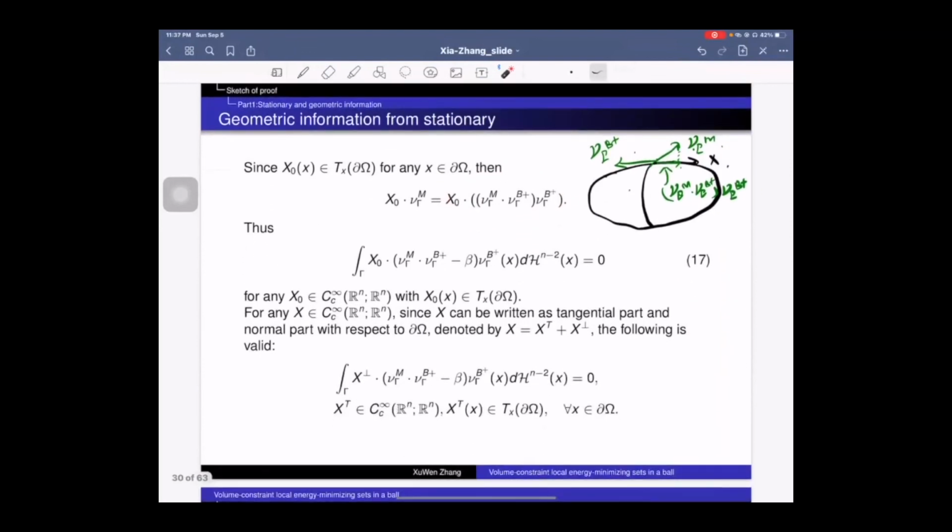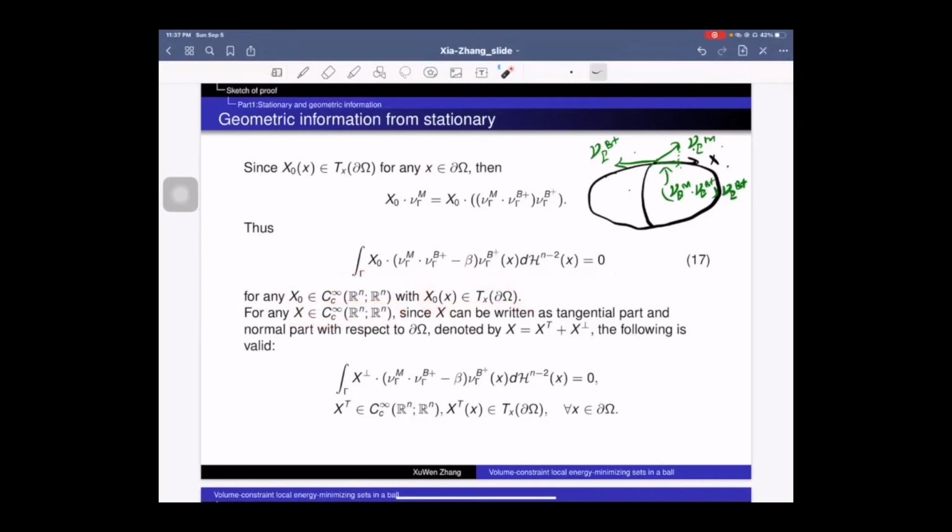We will see that the following formula holds for any x0 with compact support and tangent to the boundary. And one step further, we say that this formula holds for not only x0 which is tangent to the boundary, but also any x with compact support, not necessarily tangent to the boundary.